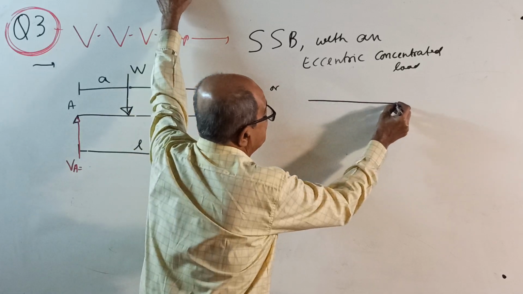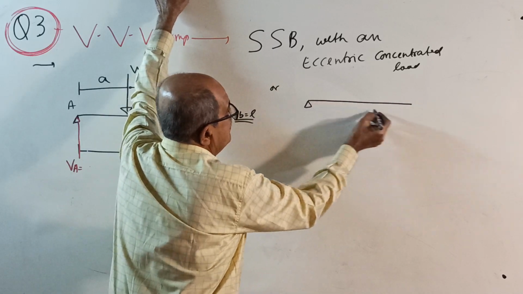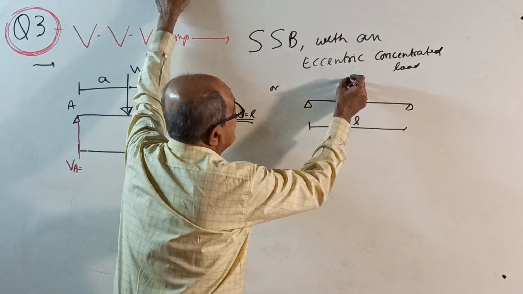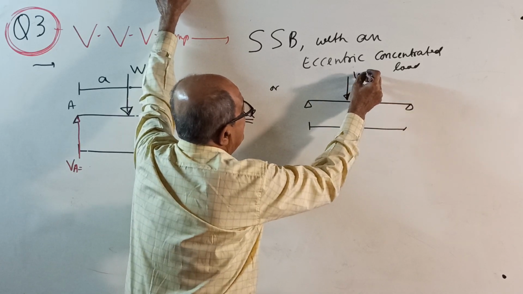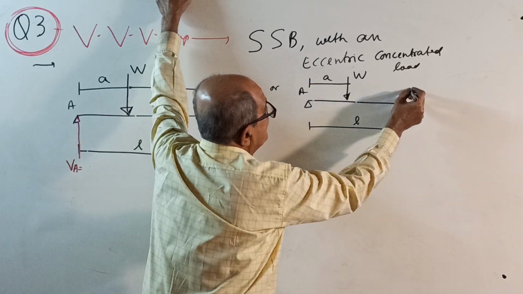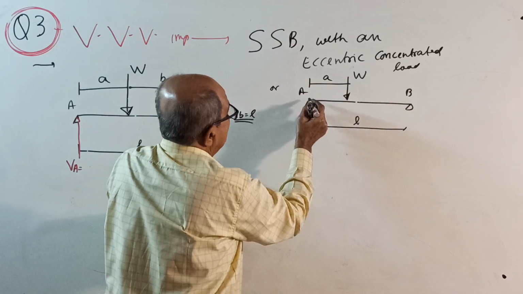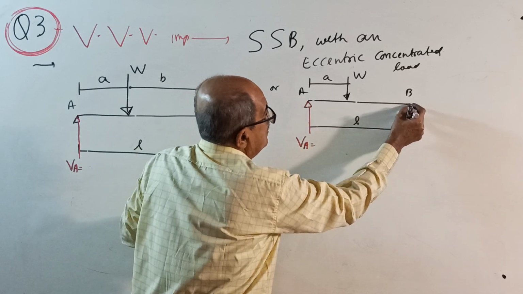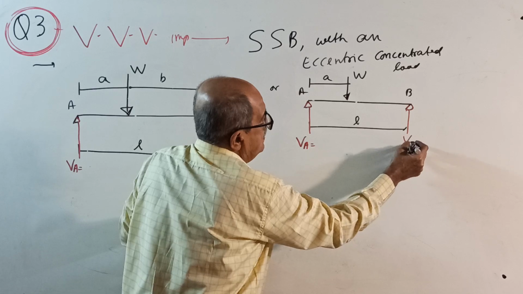Suppose in the question it is given: a simply supported beam of span L subjected to a load W at A from the left end, that's all. B is not given, no problem. Then this reaction VA, this reaction VB equals.